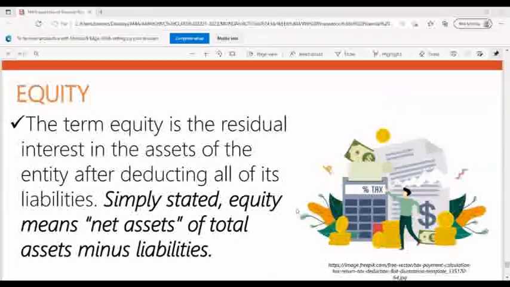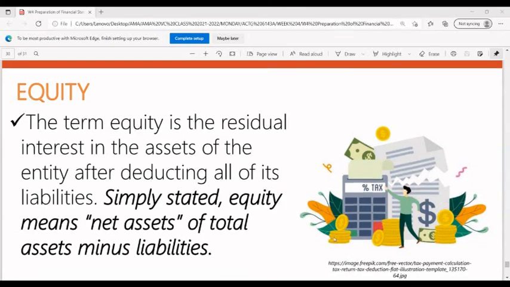Also, equity. The term equity is the residual interest in the assets of the entity after deducting all of its liabilities. Simply stated, equity means net assets, or total assets minus liabilities. It's like the capitalization, or the capital that you invest or start off with in your business operation.